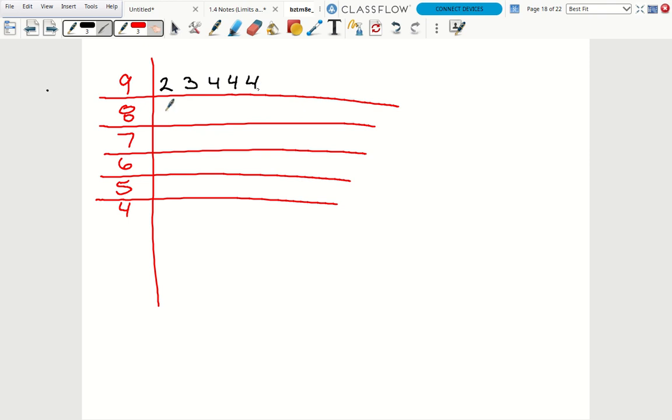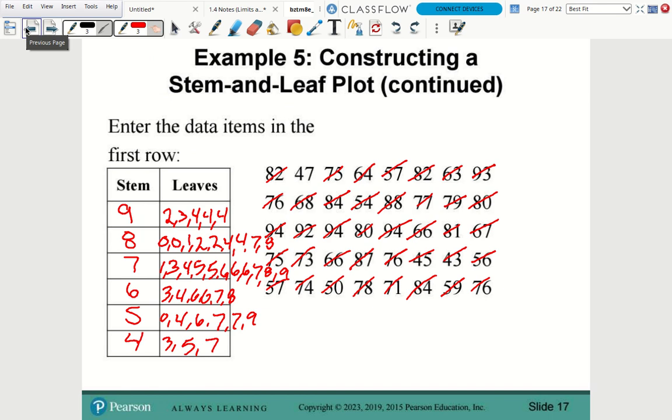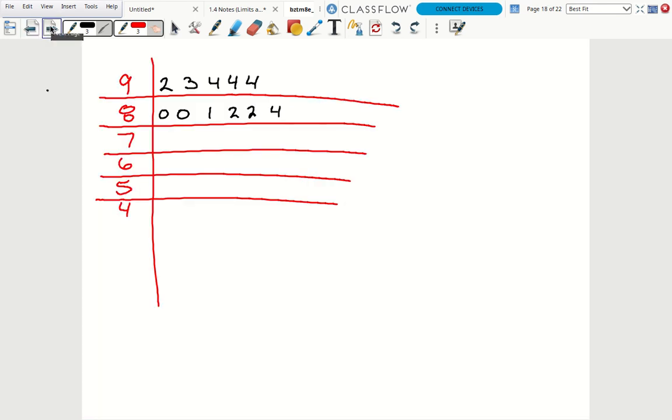Okay, 80s: 0, 0, 1, 2, 4, 2, 4, 4, 7, 8. Another 4. If you notice, I'm lining it up with the one above it, so it's making another bar graph, aiming this way.